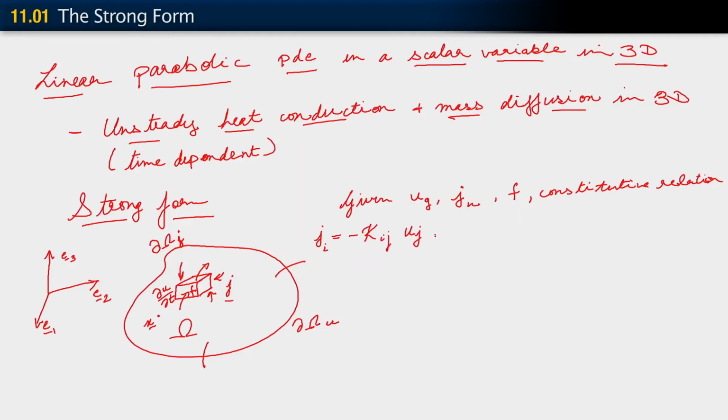That quantity is going to be denoted as rho. Okay, I'll tell you once we set up the problem what rho is. So given all of these, what we're trying to do is the following: find u, such that the following holds, right?